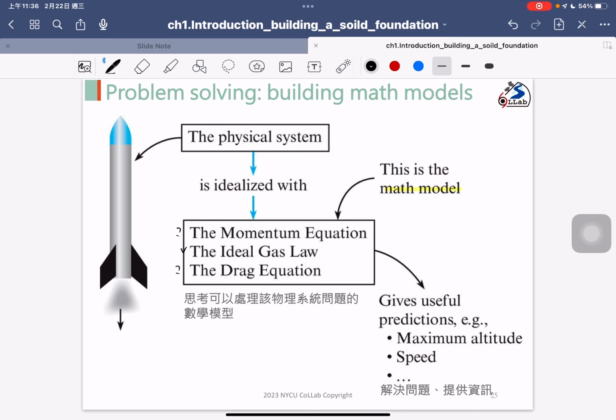Because in the system, the gas is involved. So where is the gas? If you see the movie, you know that there is some gas, which is sourced outside and provides the push force to the rocket.